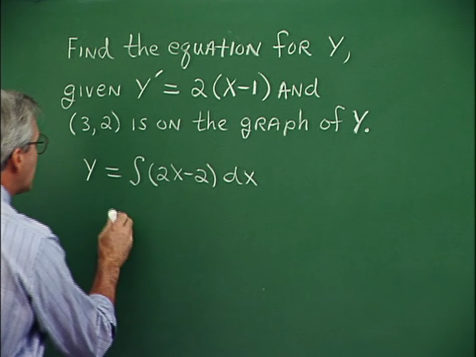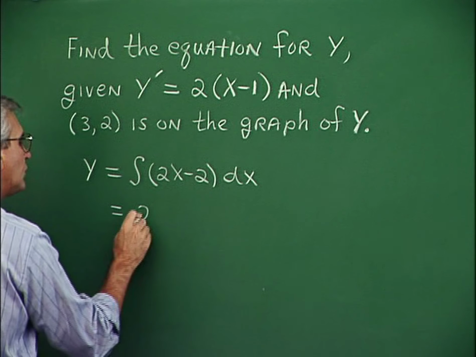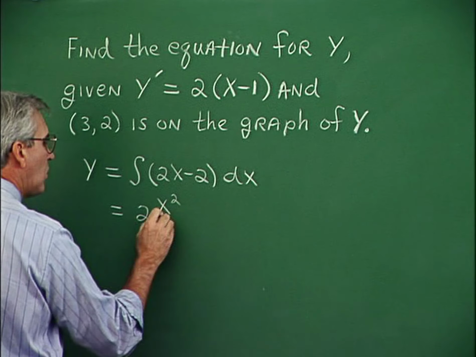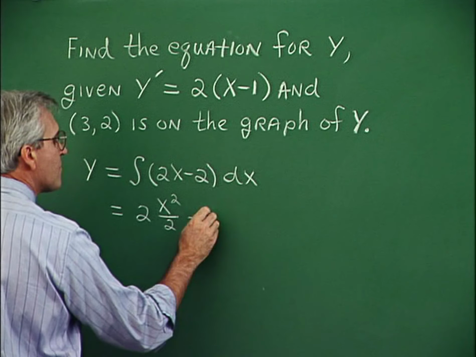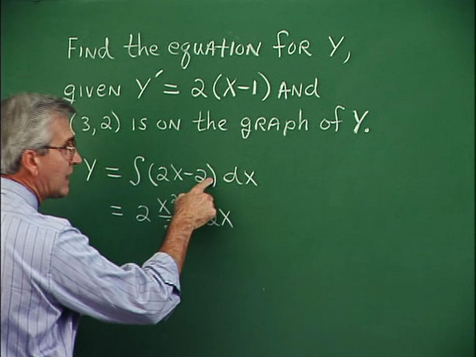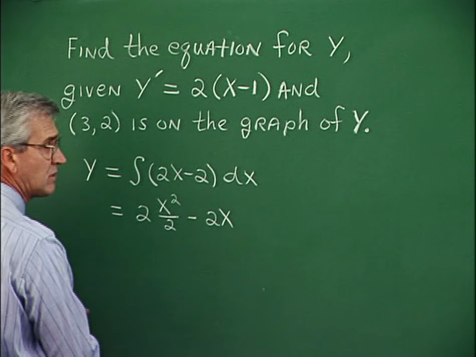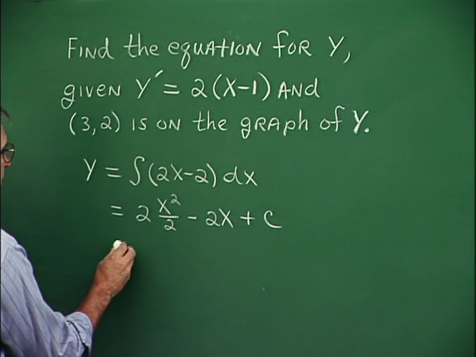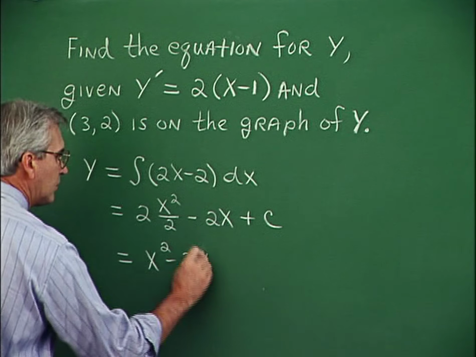Now for the integral of this part, it's 2 times x to an exponent 1 larger over that same exponent, then minus 2x. We could think about an x with an exponent of 1 and dividing by 1, but it turns out to be minus 2x quite easily. And then the constant. The 2's cancel here, so we have x squared minus 2x plus c.